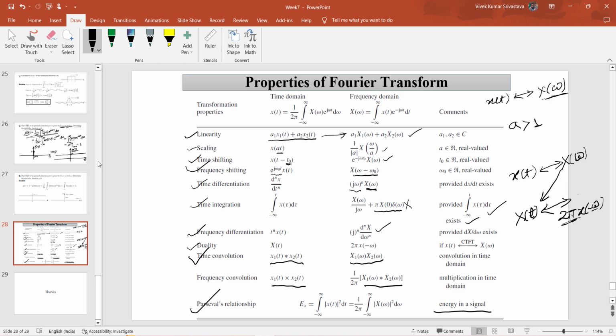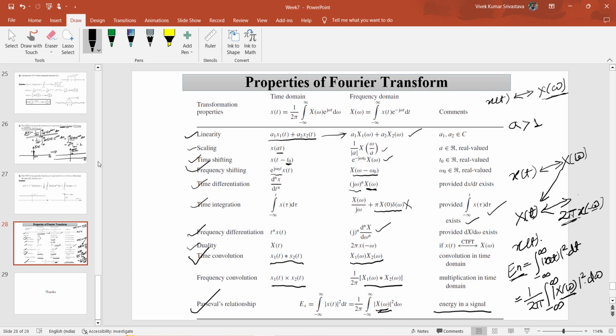This property states that if a signal x of t is given to us and you have to evaluate the energy contained in the signal, that is the integral from minus infinity to infinity of mod of x of t squared dt, you can use this relation if you already know the Fourier transform or frequency spectra of the signal, so as to evaluate the energy contained in the signal x of t.